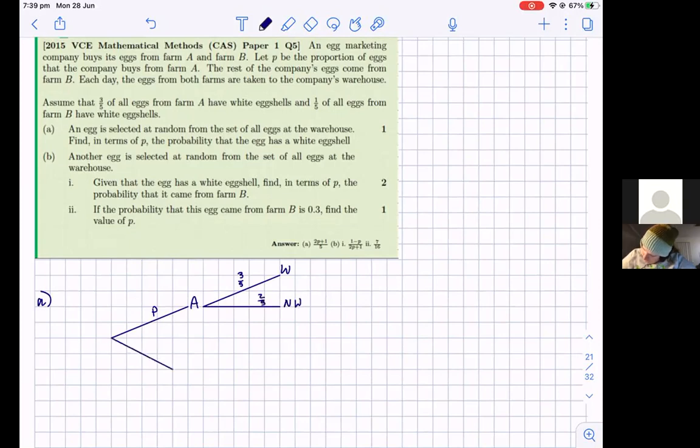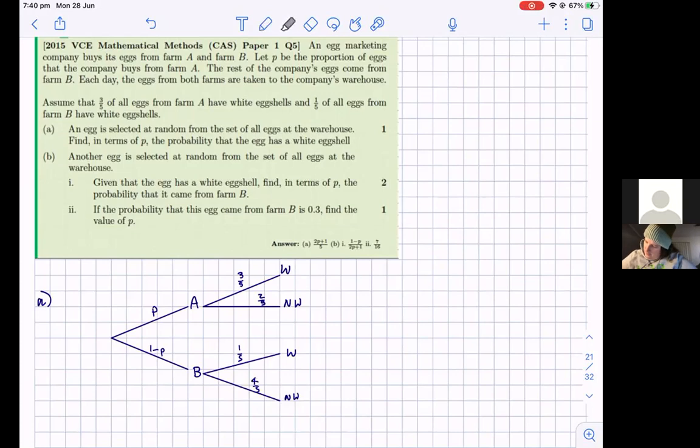Or else we could get it from farm B. If the probability of farm A is P, then this must be 1 minus P. If it's from farm B, probability it's white is 1/5. Probability it's not white is 4/5.